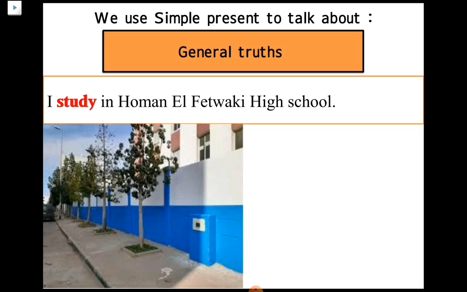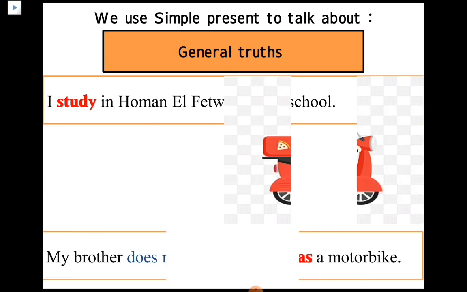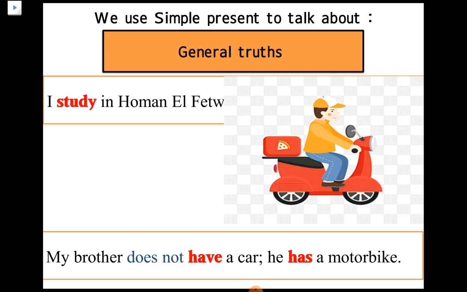That's why I use the simple present tense for the verb I study. For example, my brother doesn't have a car. I'm giving you a reality. He has a motorbike. So I use the verb to have in the present simple tense.